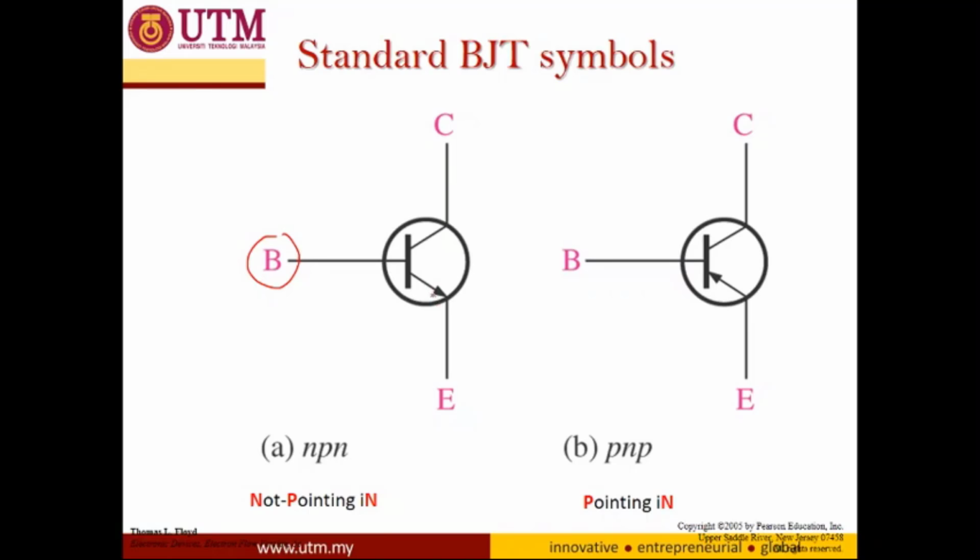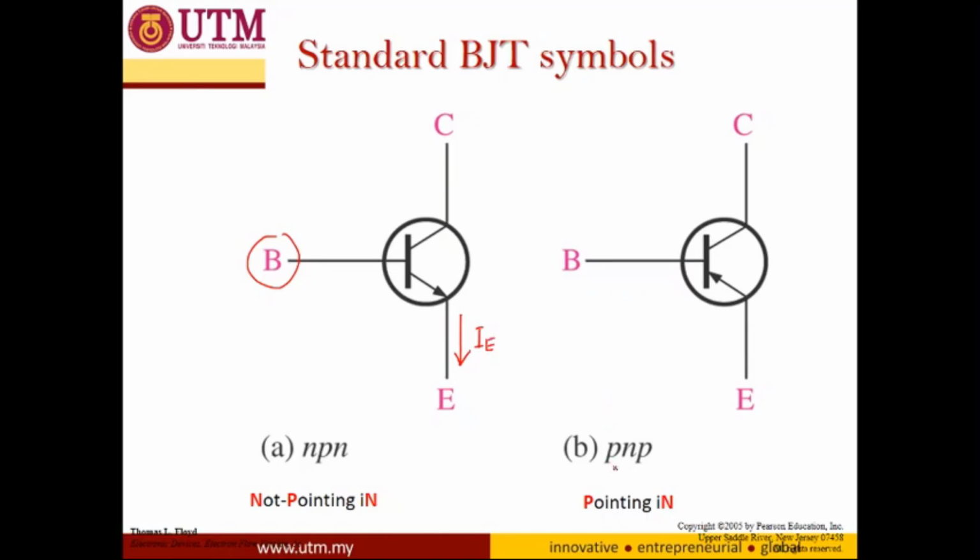The arrow shows the current direction in the device. For example, for NPN the arrow is pointing outside, exiting the device, so the emitter current will be downward.